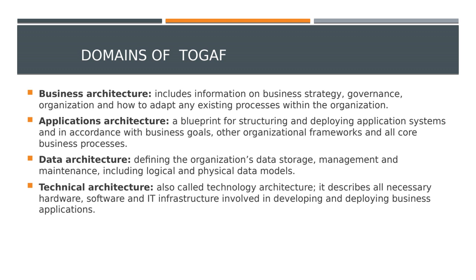We have data architecture, defining the organization's data strategy, management and maintenance, including logical and physical data models. This is all under data architecture. Then we have technical architecture, also called technology architecture. It describes all necessary hardware, software, and IT infrastructure.